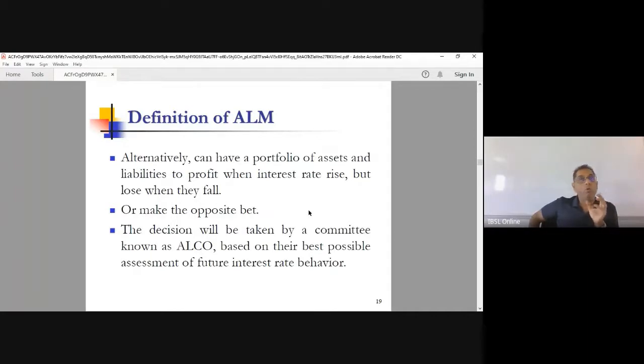If they have a whole lot of liabilities that are at that 15% interest rate, then till those liabilities drop off, they will find it difficult to give a very competitive rate on the assets that they raise as well.